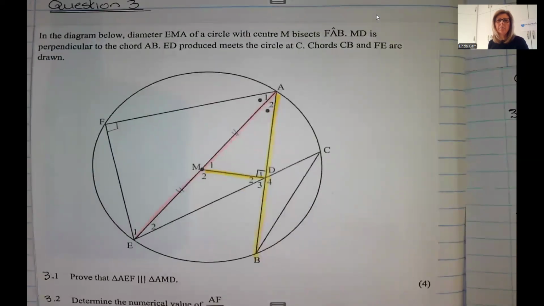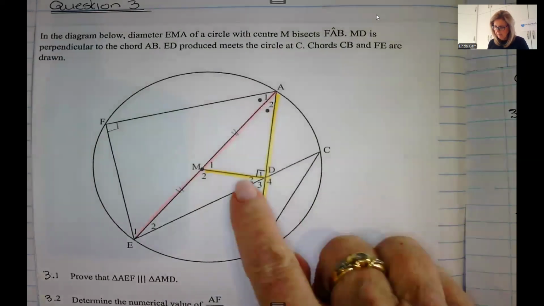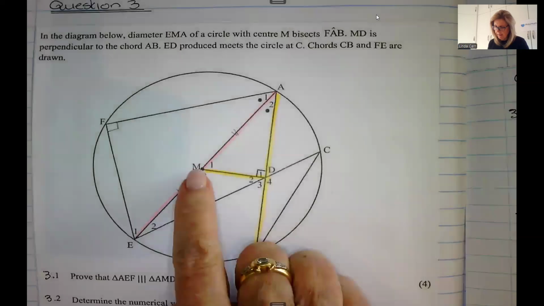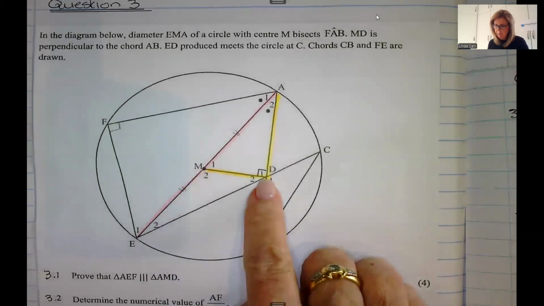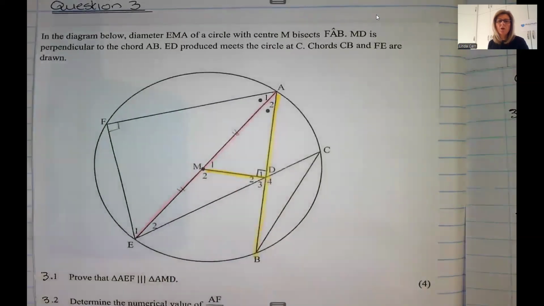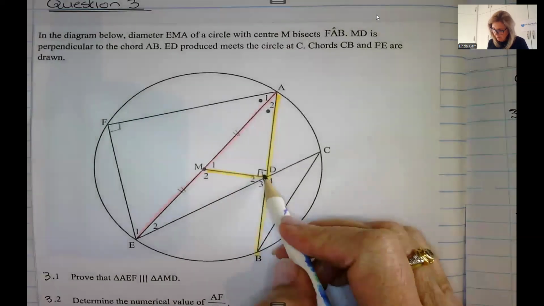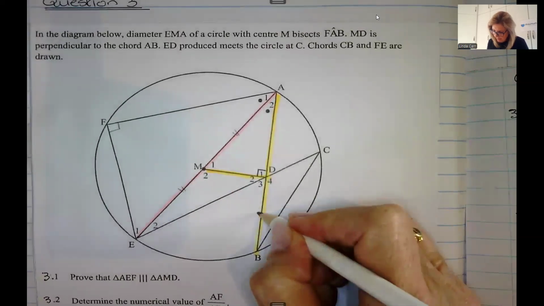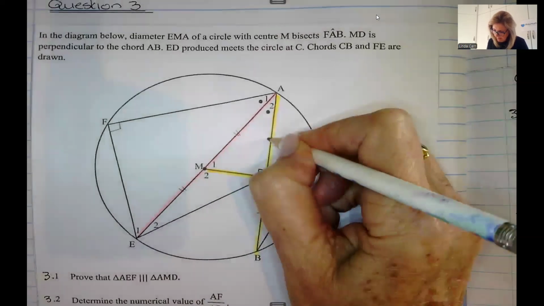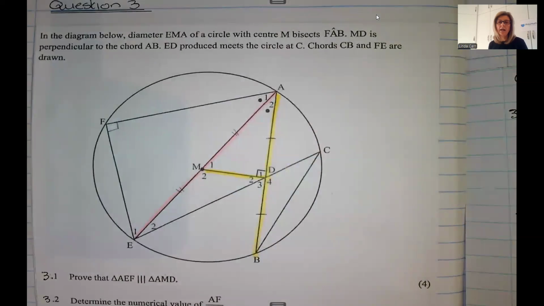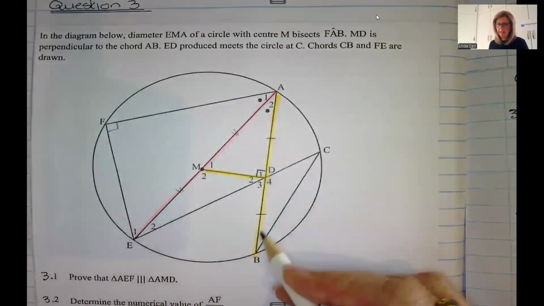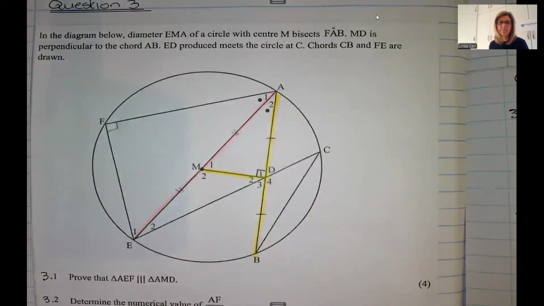And so we're talking about theorem 1, which is a line from center perpendicular to a chord also bisects the chord. They gave me the perpendicular, so I can say that it bisects the chord. So I now know that AD and DB are equal to each other.